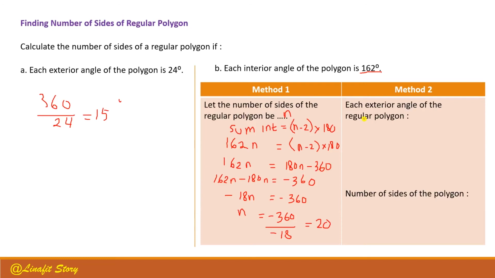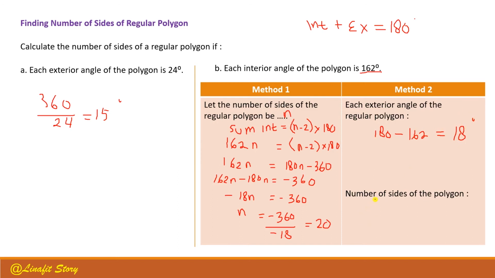The second method is to find each exterior angle of the regular polygon. Just remember that interior plus exterior angle of the polygon is equal to 180 degrees. So if the interior angle is 162, its exterior angle is 180 minus 162, which is equal to 18 degrees.